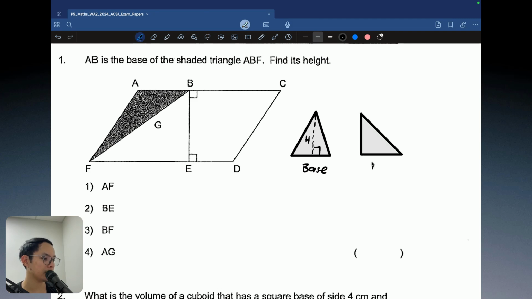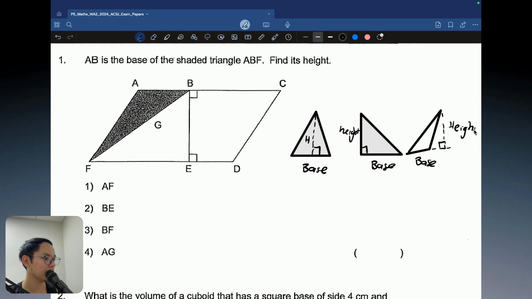This one is the base and this is the height, and this is the perpendicular. The last one, which is a bit of an odd one, is this and this. This is where you have your base, and this is your right angle over here. So this is your base and this is your height.